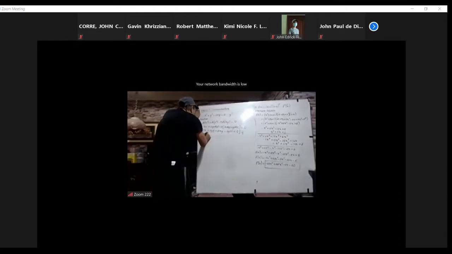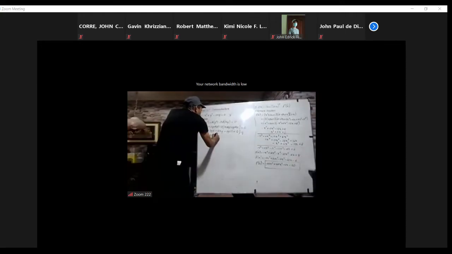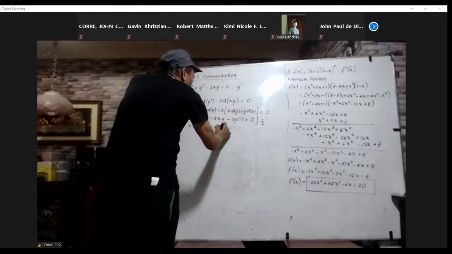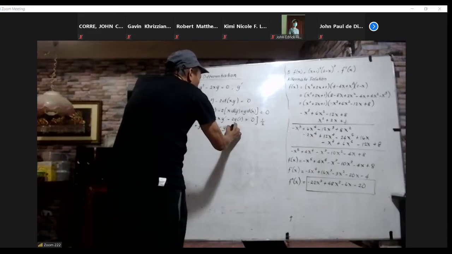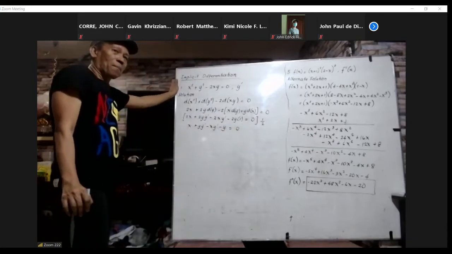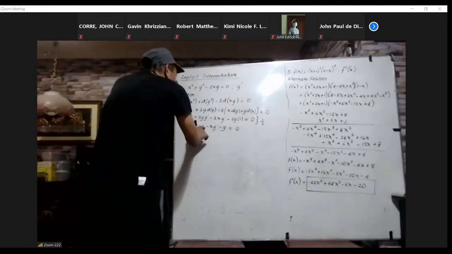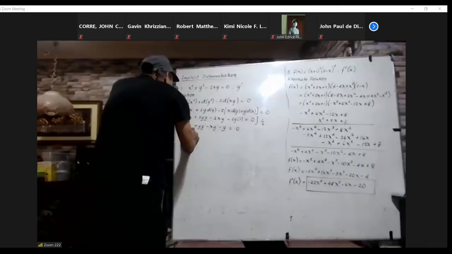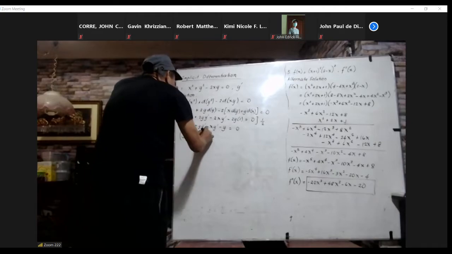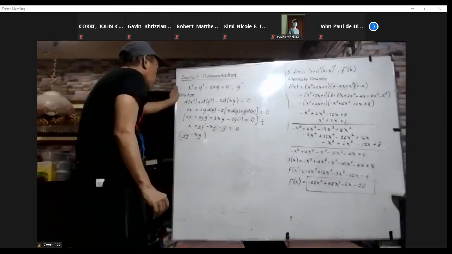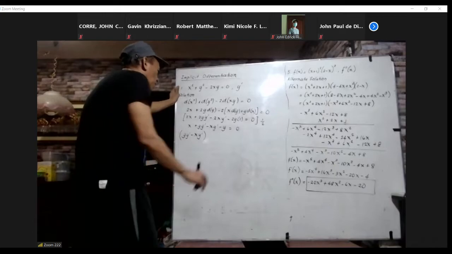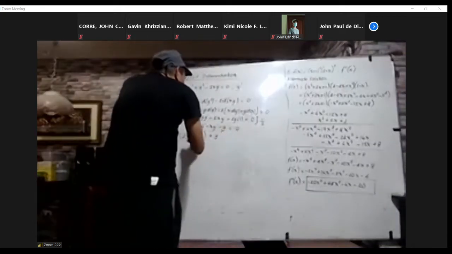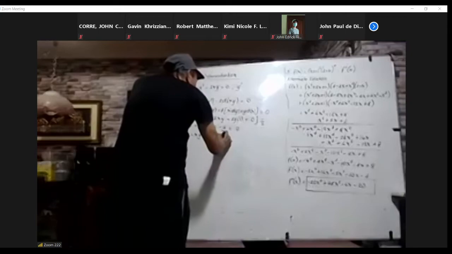So, pwede na siyang ganito: x plus y y prime, minus x times y prime, minus y equals 0. Pagsamahin natin itong y y prime at minus x y prime. Sa ilabas natin yung walang derivative ng y. So ito, y, then pag nilabas natin ito, magiging negative x.